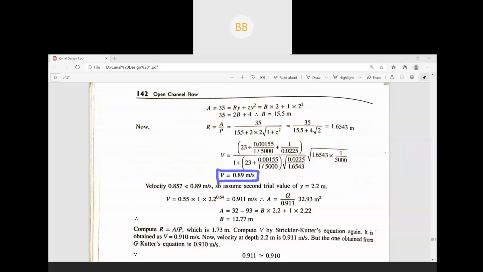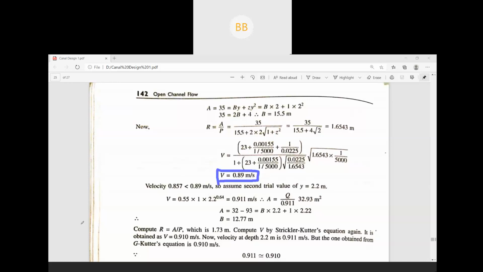Now we have to compare the velocity you calculated in step number 2 and the velocity you have calculated just now. If both velocities are the same, then we can proceed. If both velocities are not the same, then we have to go back to our first step and assume another value of y, or go for a second trial.